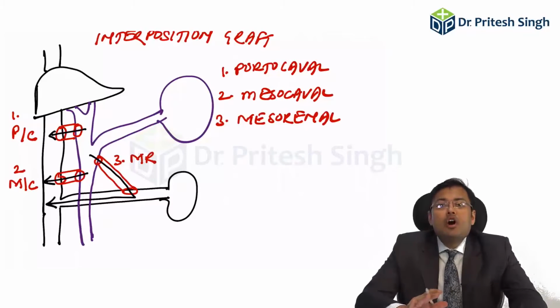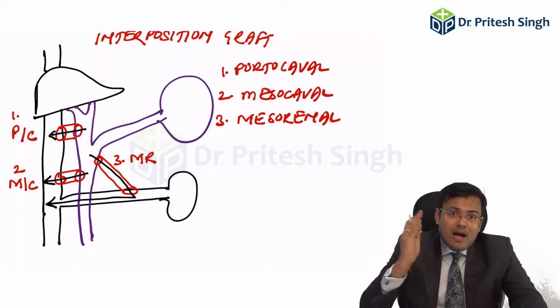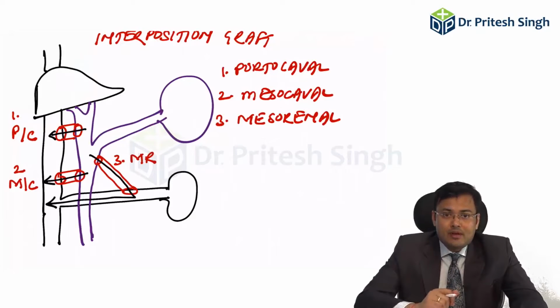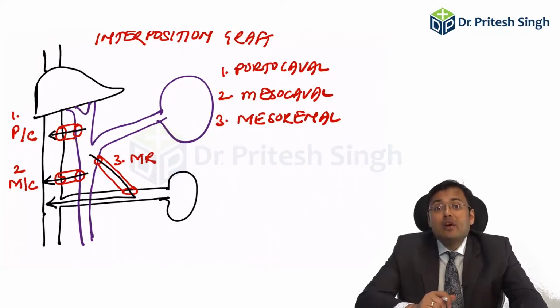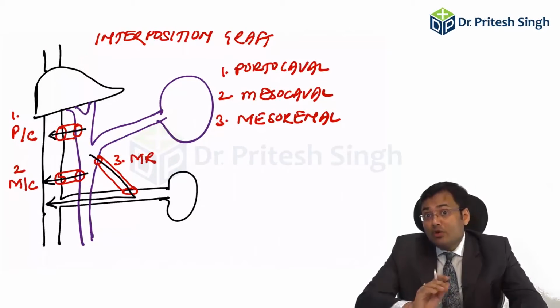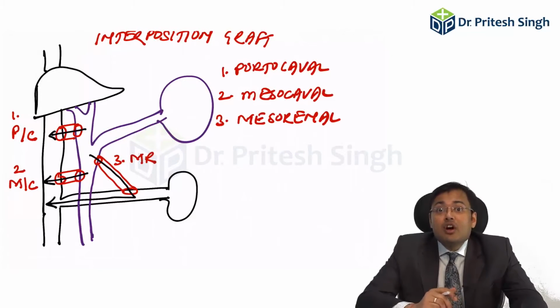It's very simple. Always there is blood flow from high pressure to low pressure. Obviously, what is the pressure in systemic vein or IVC? It is 1 to 2 mmHg. How much is the normal portal pressure? It is 5 to 10 mmHg. So there is only one direction of blood flow from portal vein to IVC, not vice versa.